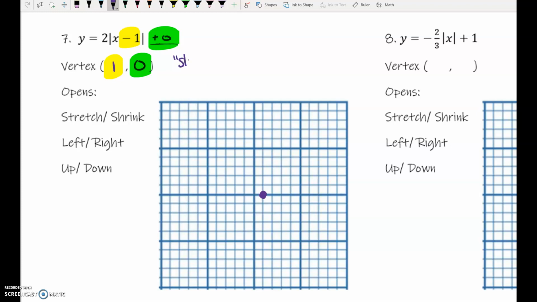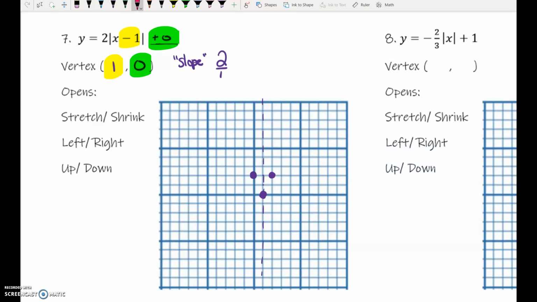What is the so-called slope of this one? 2. That means from this vertex, we're going to move up 2, out 1. Up 2, left 1. If you need to, you can put like a dashed line straight through the vertex just to remember where the vertex is.